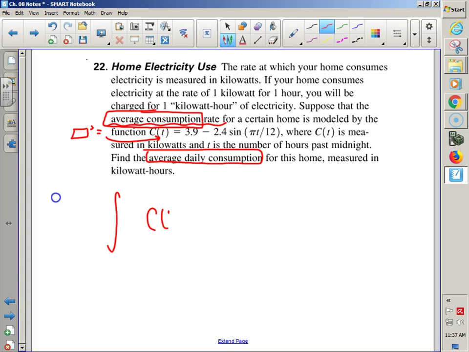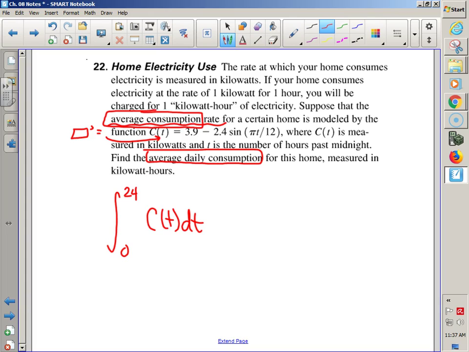So I can integrate, but what would my bounds be? T is time, and time according to the problem is hours, and hours in a day is 24. Because the daily is saying for a whole day, so from beginning to end of a day.